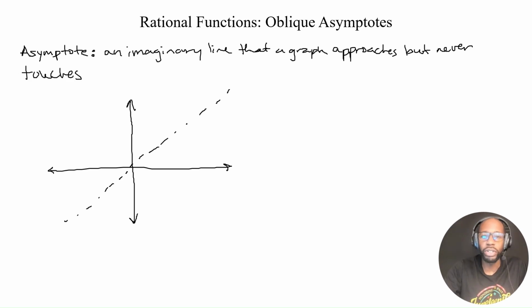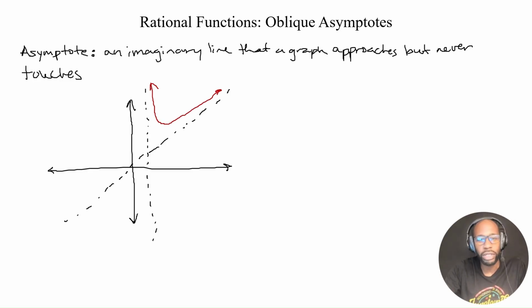There's your imaginary line, and the graph is going to be like this. Say for example that this particular graph also had a vertical asymptote like so. Then this oblique asymptote would be diagonal and the graph would be something like this.